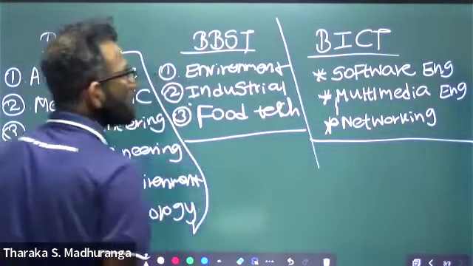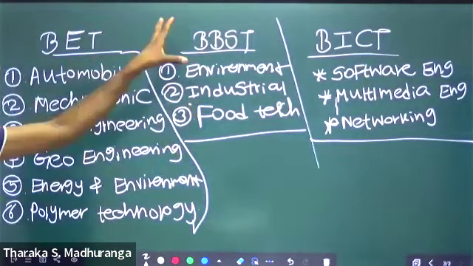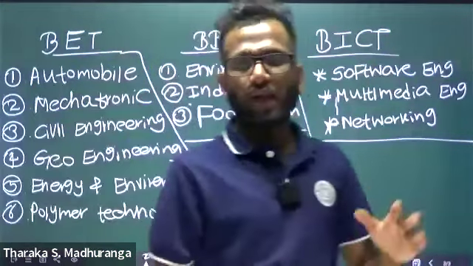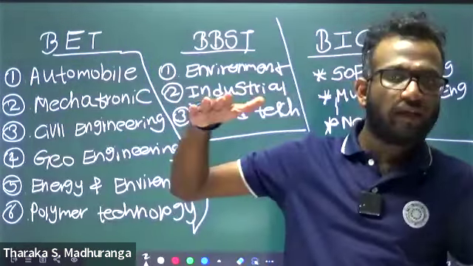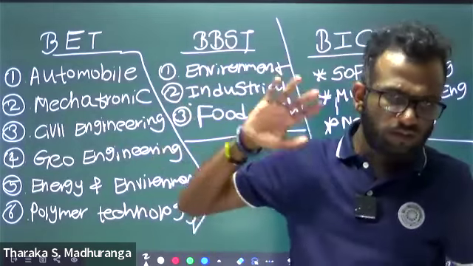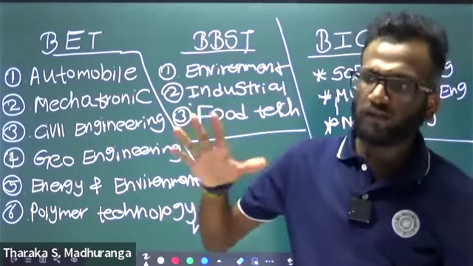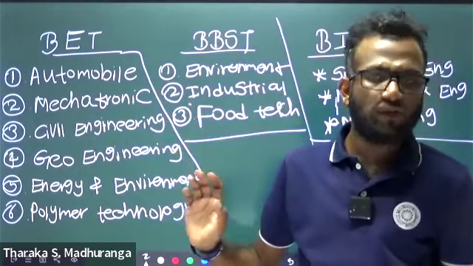Okay, after A level, if you want to select these areas, it is compulsory to get a super rank, a higher rank in A level. If not, you can't select any of them, and at least you can't go to private universities.